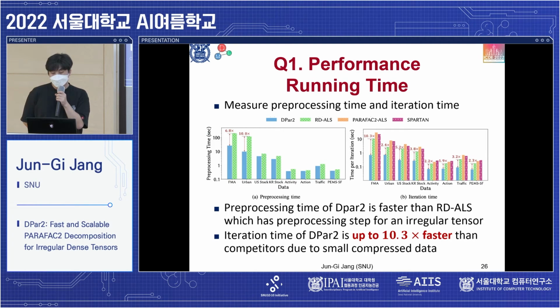Specifically, for the FMA and urban datasets, which are the 2 largest tensors, DPar2 has much lower pre-processing time than RDALS because RDALS cannot avoid the overhead to handle the large tensors. For the iteration time, DPar2 is up to 10 times faster than competitors since our method handles much smaller compressed data than the competitors.